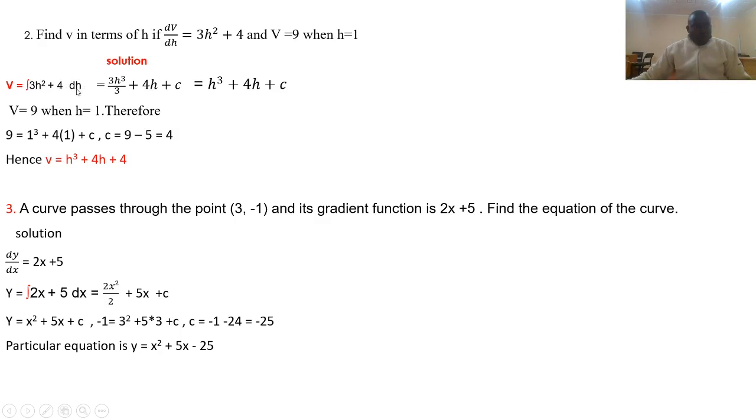So it is 3h cubed over 3 plus 4h plus c. The 3s cancel, it remains h cubed plus 4h plus c.